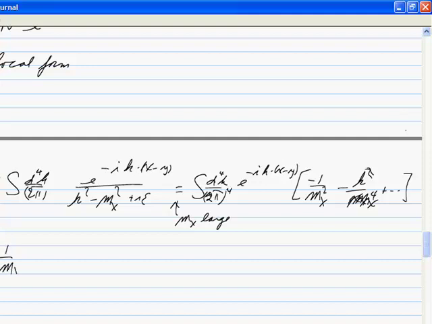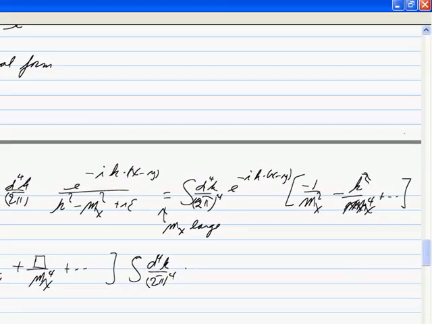So it's minus 1 over m chi squared plus box over m chi to the fourth plus dot dot dot, of an integral d4k over 2 pi to the fourth e to the minus I k dot x minus y. Okay, so I've traded k squared for box acting on e to the I k dot x. But of course, that just brings down a factor of k squared, so that's equivalent.